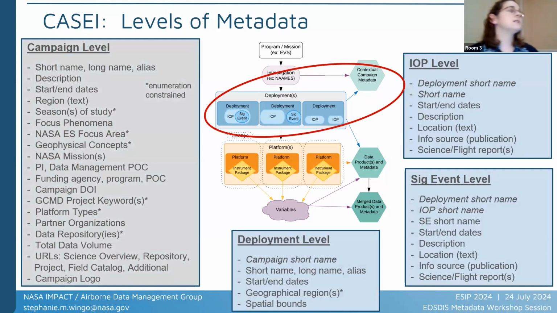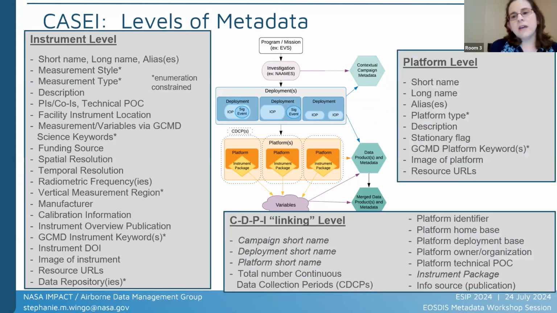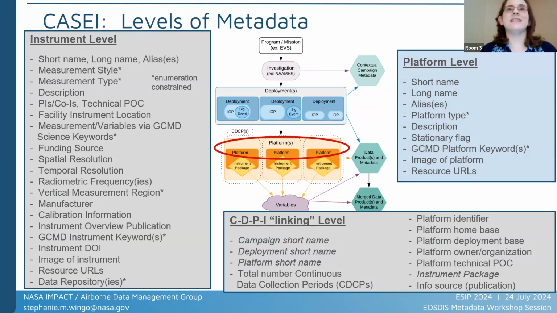We have things like spatial bounds at the deployment level and not over the entire length of the campaign. IceBridge is a good example of why we have those broken down. We also have some metadata that are specific to a platform. It doesn't necessarily need to be modified for every campaign because it's the platform. It's the same plane, the same research vessel.